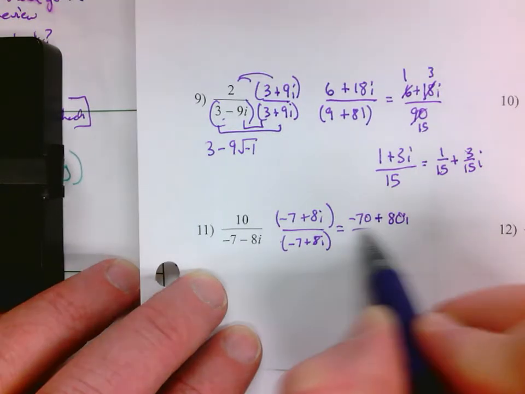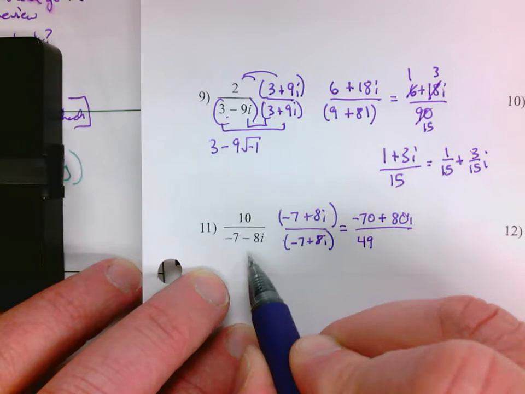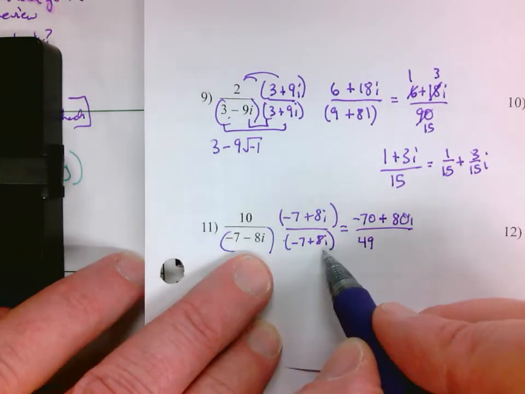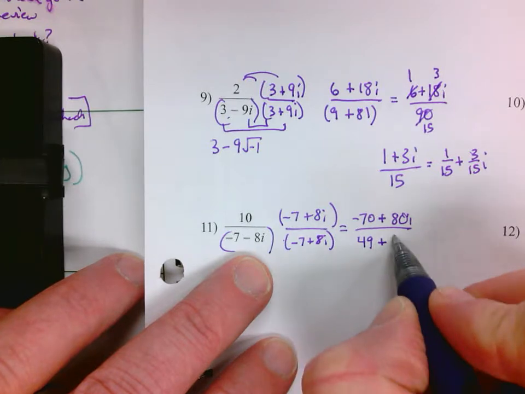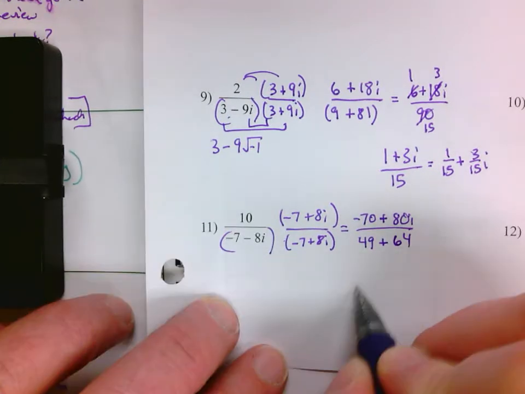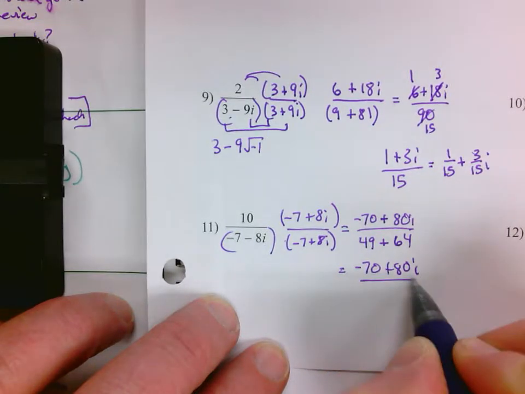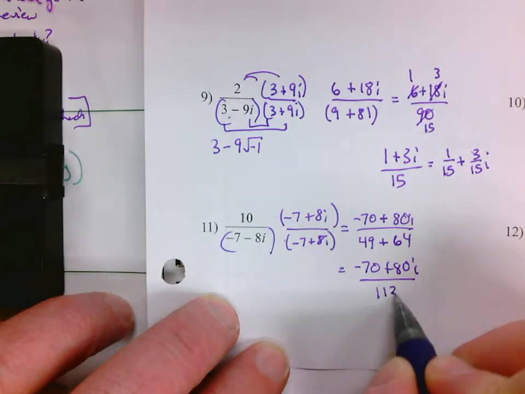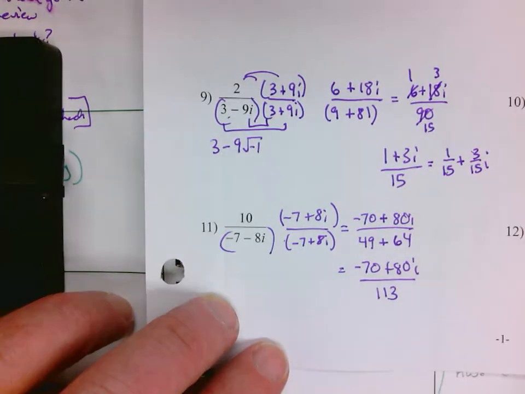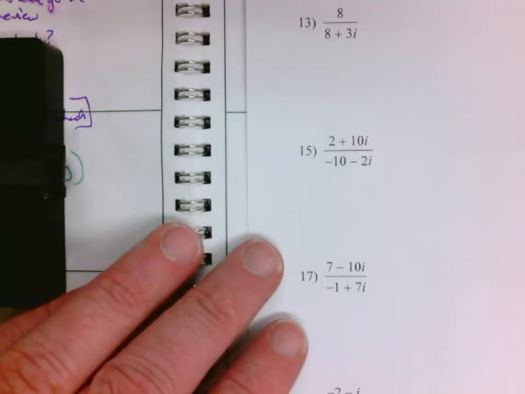And then I have 49 minus 64i squared. So that's plus 64. -70 plus 80i over 49 plus 64, 113. No common factors there. So basically those several problems are the same there.